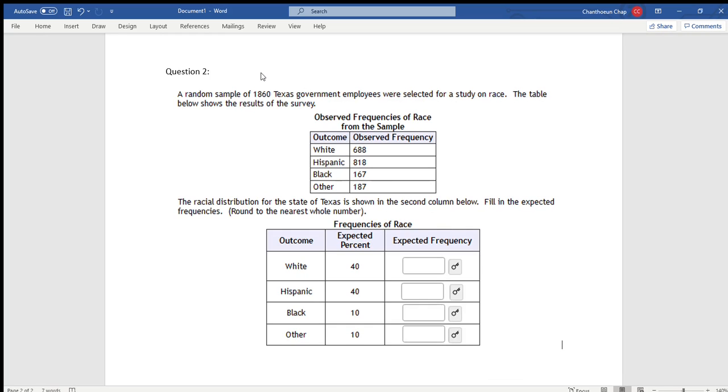Question 2. A random sample of 1,860 Texas government employees were selected for a study on race. The table below shows the results of the survey. The racial distribution of the state of Texas is shown in the second column below. Fill in the expected frequencies, round to the nearest whole number.